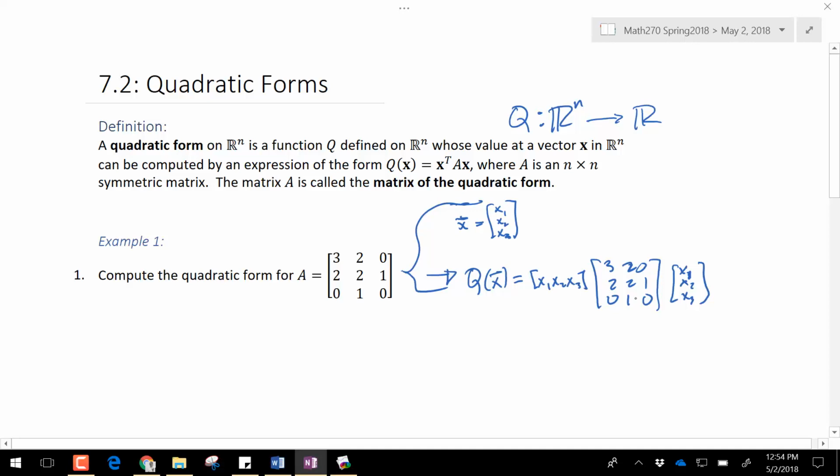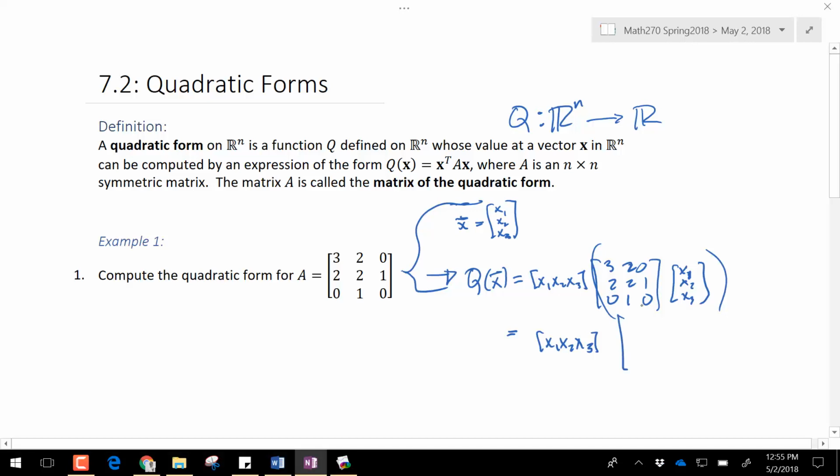Let's see, we can go through this in whatever order we want, because it's associative. Let's do this one first. This is a 3 by 3 times a 3 by 1, so it's going to be a 3 by 1.